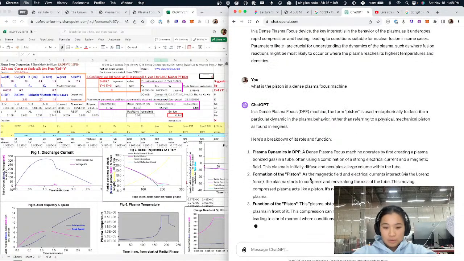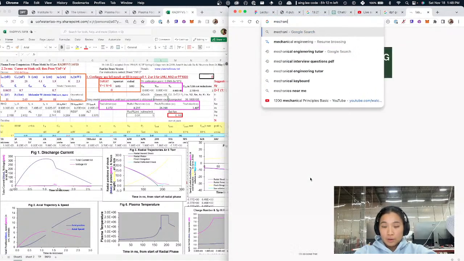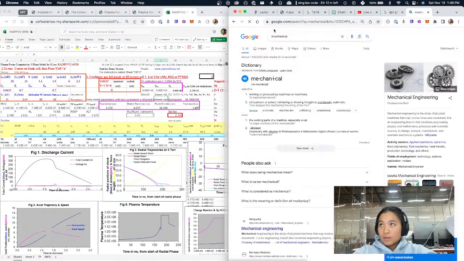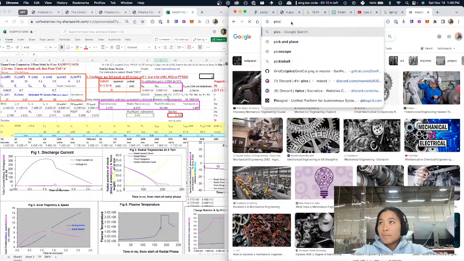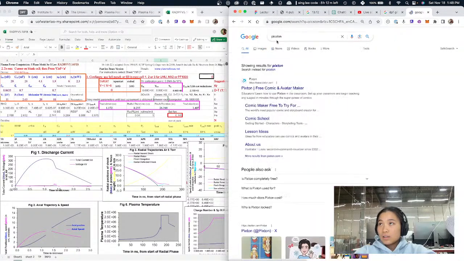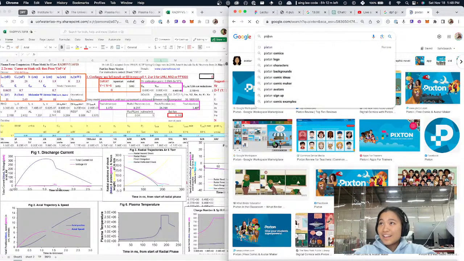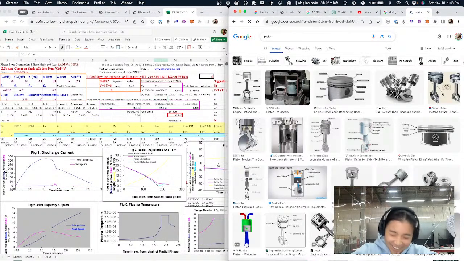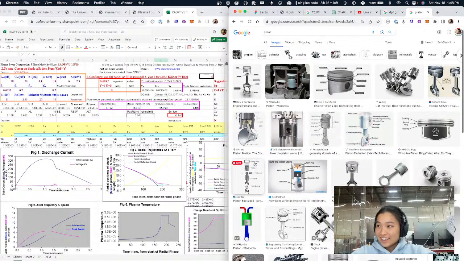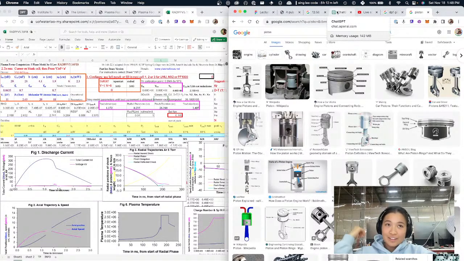I'm so unfamiliar with a lot of this. Why did I just look that up? Okay. Piston. Thing that goes up and down. I'm guessing it's an implicit piston.